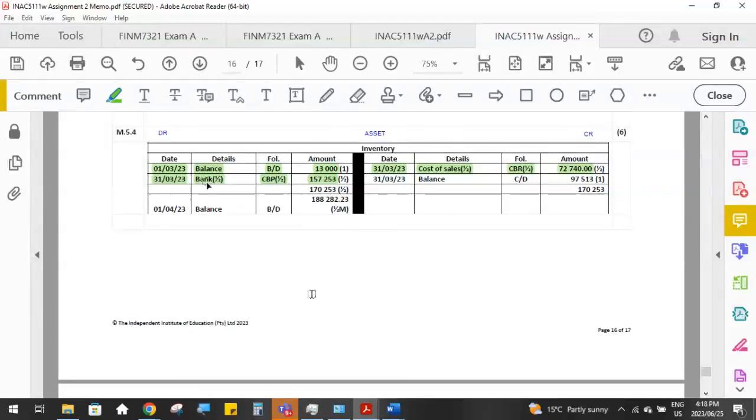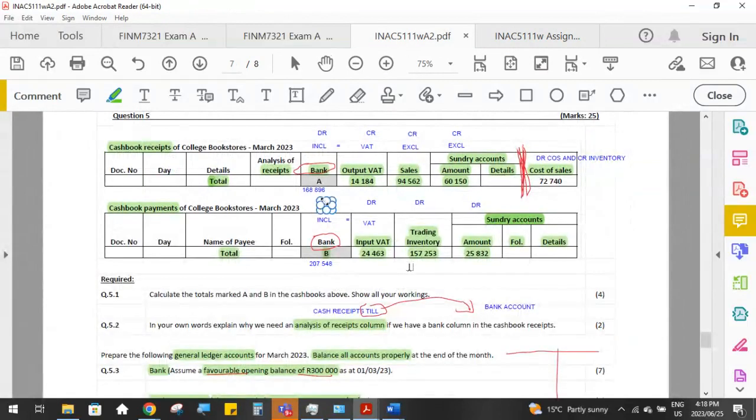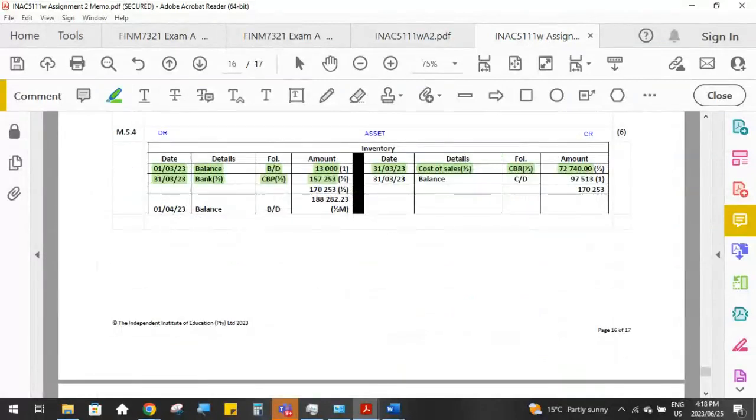Under the details, I write bank because in my cash book payments, I credited bank and debited trading inventory. So 31st of the 3rd, credit bank, debit inventory, and folio tells me where did this entry come from. Its source was CBP, the cash book payments.